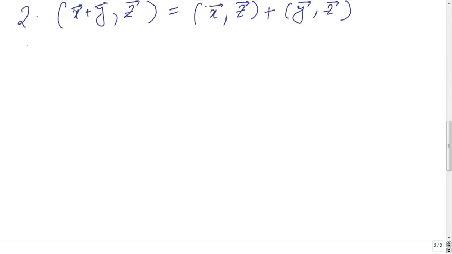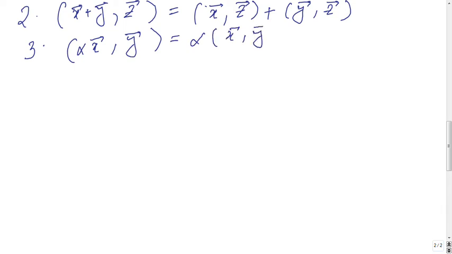So number 3 property it has to satisfy: if I have a scalar alpha and use it to scale this vector x and take its inner product with y, then this alpha comes out of the inner product, but in a different fashion, because in a complex Hilbert space this alpha comes out as a complex conjugate of itself.